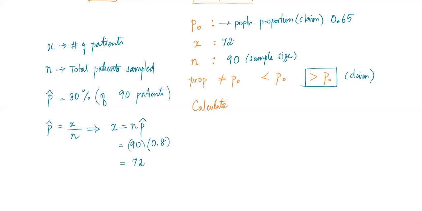Now go to your calculator and punch all these numbers here, 0.65, 72 for x, because you can't just enter the 80% anywhere directly in this setup. So it's 72 for x, 90 for n, and then choose the greater than and then hit calculate. And this is what you get.